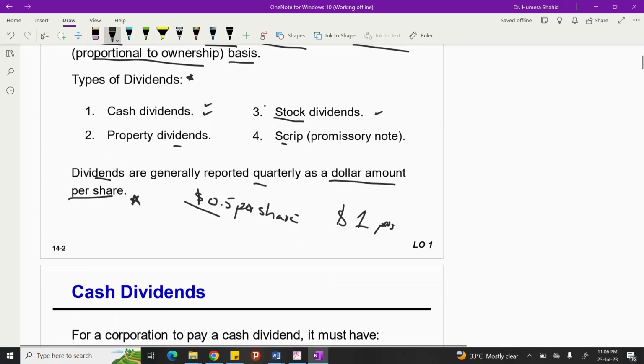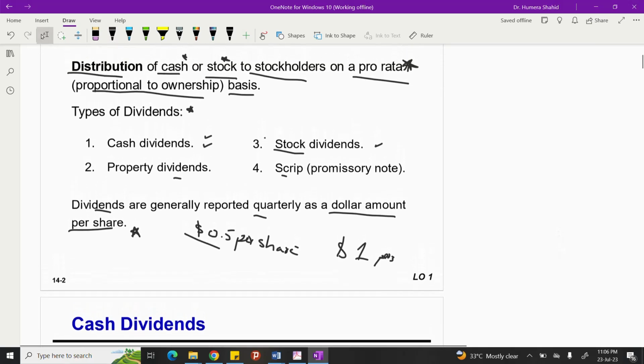Let's move on. Let me just quickly give you an overview regarding the other three types of dividends as well, and then we will see how the accounting for cash dividend works. The second category of dividend is known as stock dividend, which we will cover in the next learning objective. In this type of dividend, the company distributes the shares or stocks to the stockholders of the company, and the basis is again pro rata.